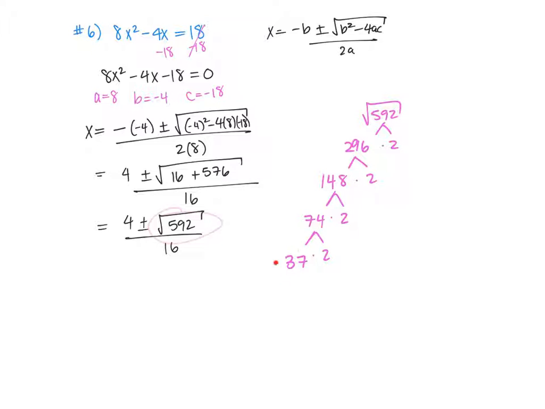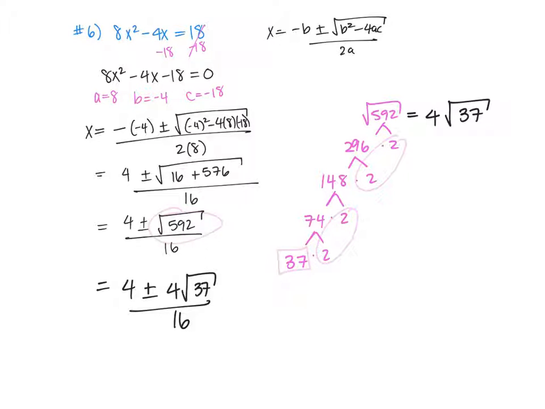Now, 37 doesn't break down, so it looks like you have a pair of 2's, and then a leftover 37, which means that a 2 can come out of the root, and then another 2 can come out of the root. So you have 4, because 2 times another 2 is 4, and then the leftover 37 goes back in the root. So this really is 4 plus or minus 4 square root of 37 divided by 16.